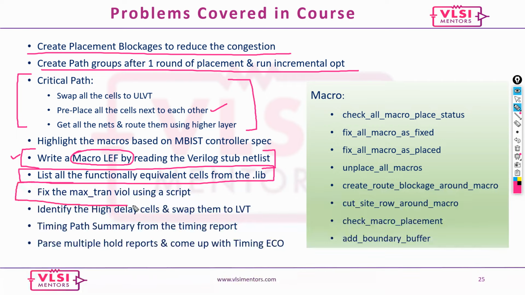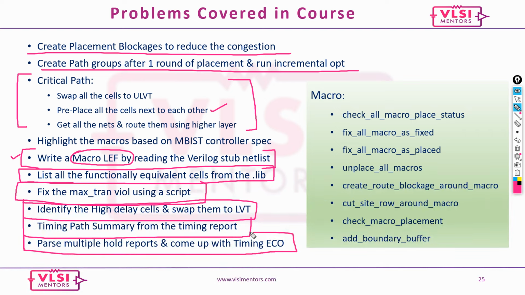and write your own timing ECOs. Okay, and then when you have timing violations, identify the high delay cells and replace or swap them to LVT. And for the timing path summary, write it in Excel format, and then parse all the hold reports and come up with the timing ECOs. Okay, so these are some of the things that you would be learning in the classes.